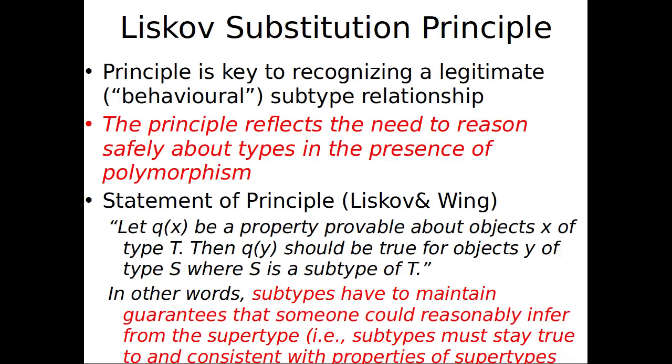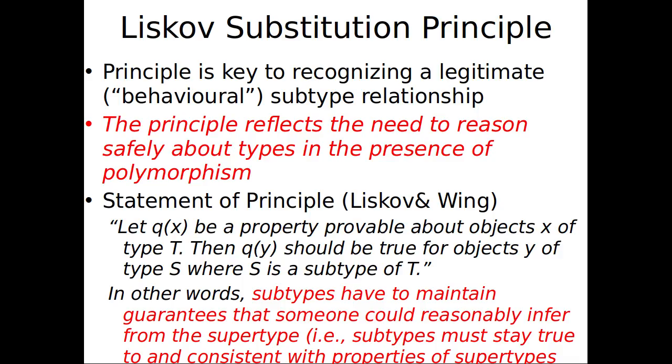Because if someone thinks they're dealing with a B and they're actually dealing with an A, then we don't want to surprise them. We don't want to give them a rude surprise, that they think they're dealing with B, secretly it's an A, and it breaks their code because they're counting on it behaving like it should, like a B, but it's somehow different.